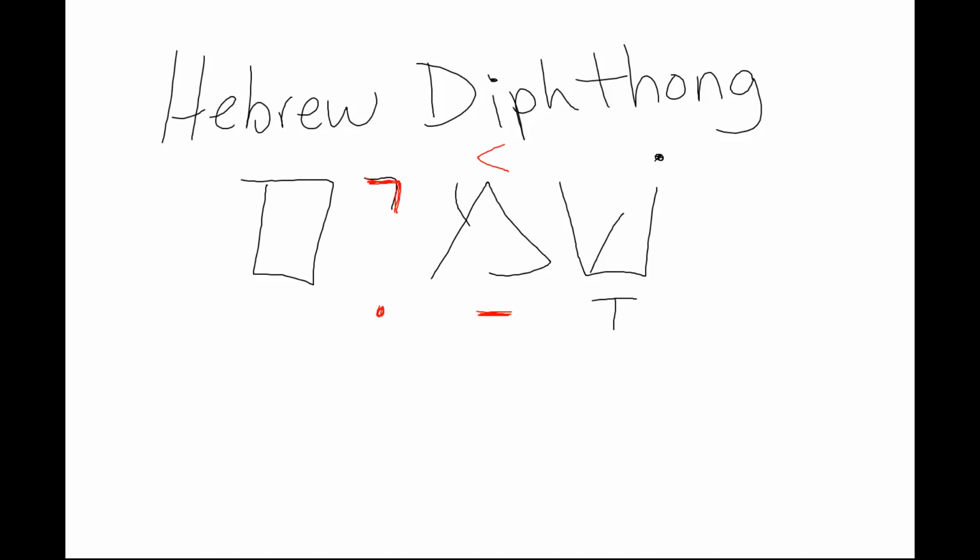Ai, right? It functions as a single unit. This is a closed syllable, right? So that diphthong, it's a closed syllable, right? All right.